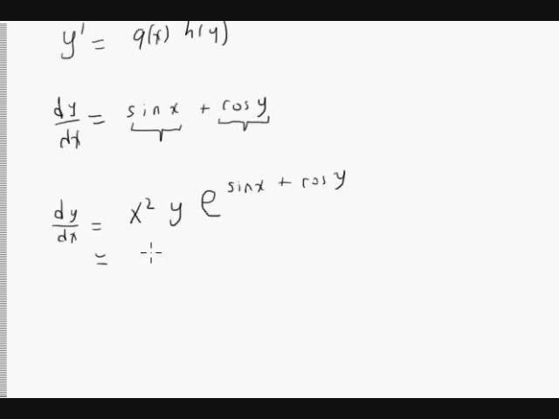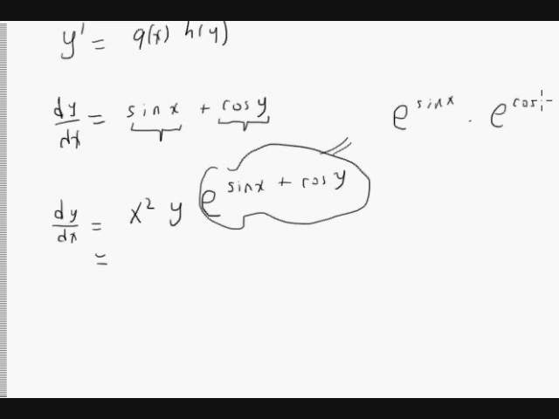Well, let me remind you that this expression e to the sine x plus cosine y, using rules of exponentiation, can be written as e to the sine x times e to the cosine y.